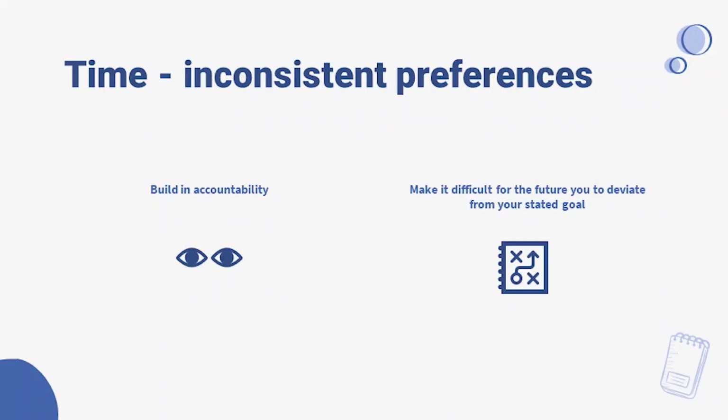There are two ways that this can be done. One is through building in accountability. If there is someone else that you're accountable to, and if deviating from your future plans causes you to look poorly in their eyes, you're more likely to follow through.